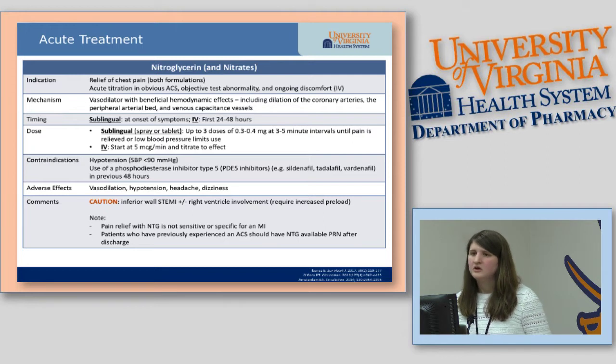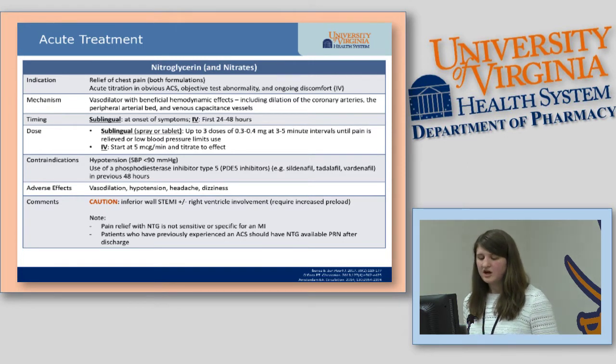So those patients who, after the full set of doses of the sublingual or short-acting form, may get transitioned to IV to further reduce those symptoms that they're having. How does it work? It's a vasodilator, so that helps dilate these arteries that have potentially been closed down because of this acute event, and that can help to improve the oxygen circulation.